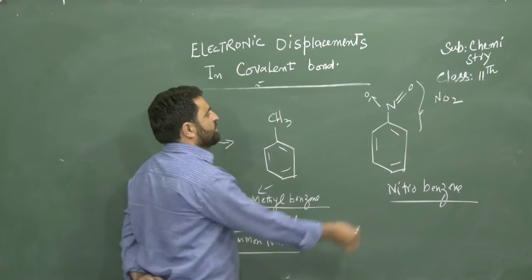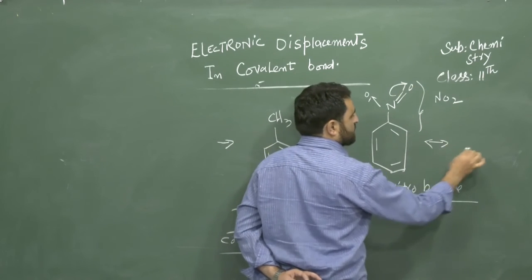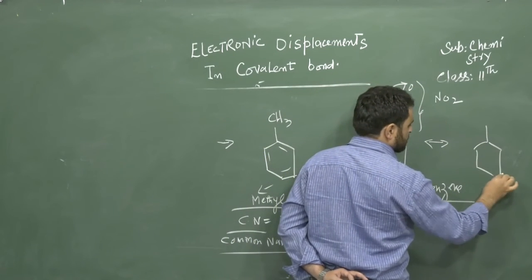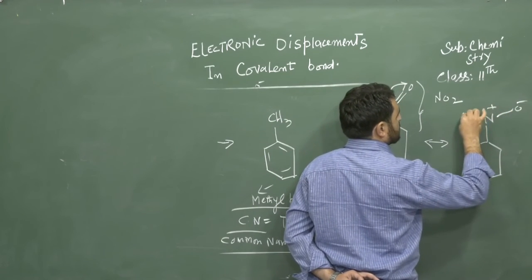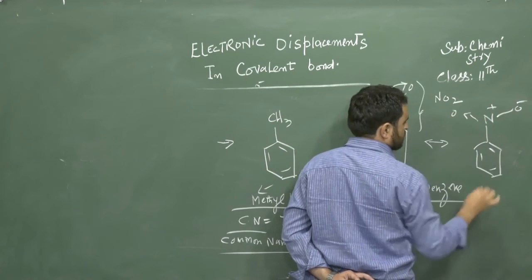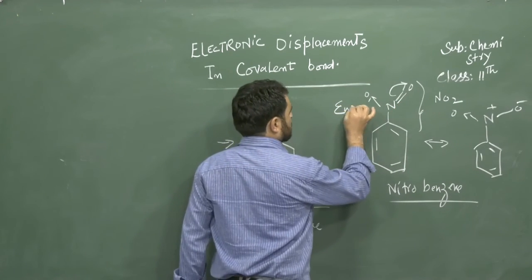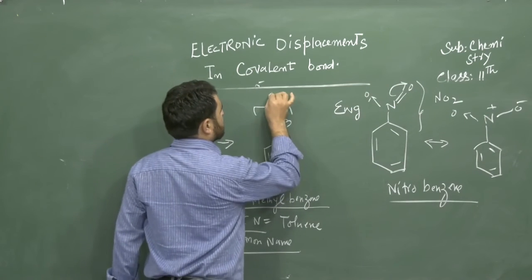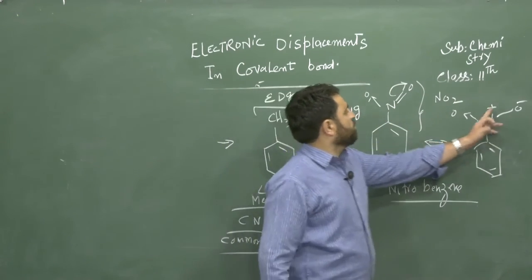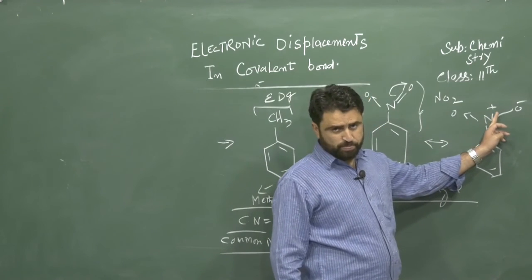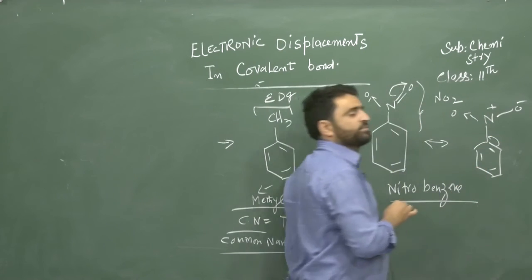If you see here, the new structure will become like this. This is electron withdrawing, this is electron donating. Now nitrogen has a positive charge, so it will withdraw electron towards itself.